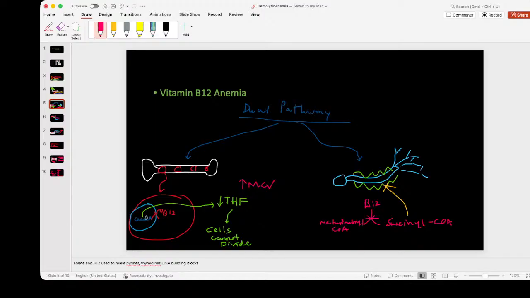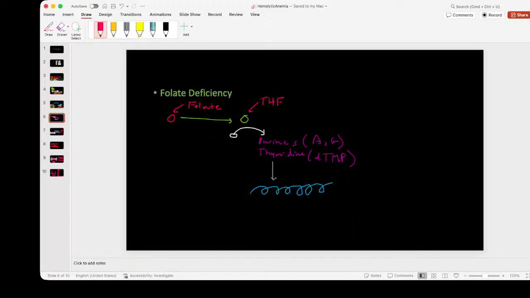So it can have an effect on both the nerve potential and also on the cellular division within the bone marrow. So it's just a quick concept here. Just wanted to point that out.